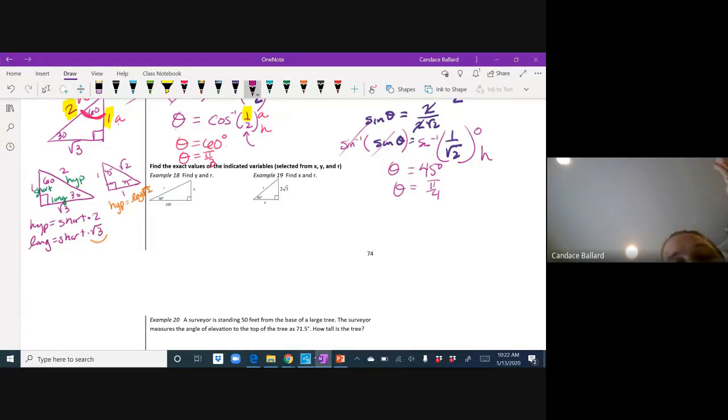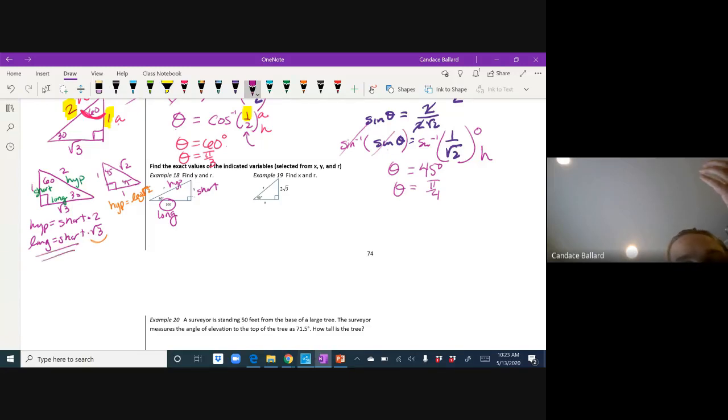So I'm going to start with what I'm given in example 18 here. I am given the long leg. I know that y is across from my 30, so that has to be the short leg. And I know that always across from my 90 is my hypotenuse. So I'm going to use the long leg formula to solve for the short leg first.